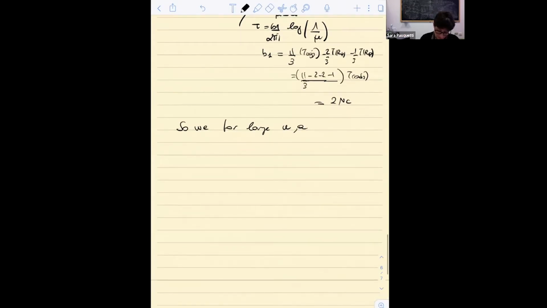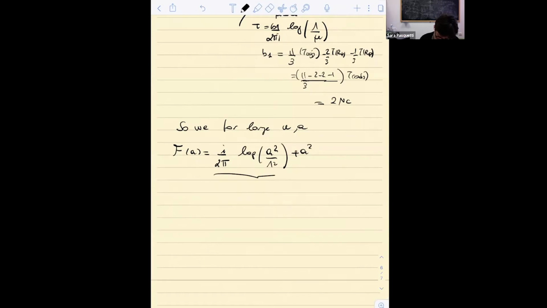So in this region where u and A are large, I can write the prepotential in this form.